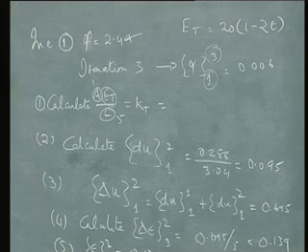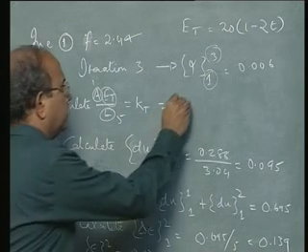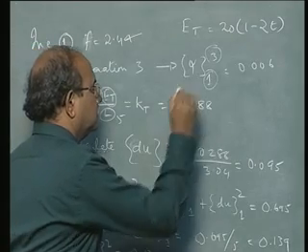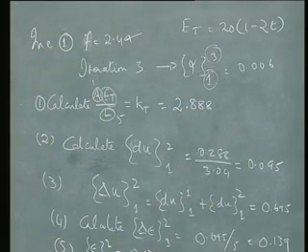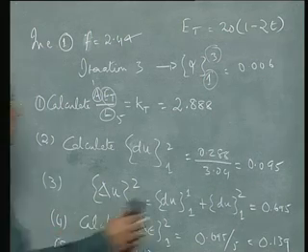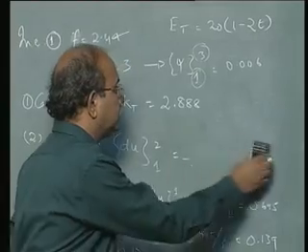Yes? KT is 2.888. Very good. 2.888. Now I calculate du2, so I change all these things.